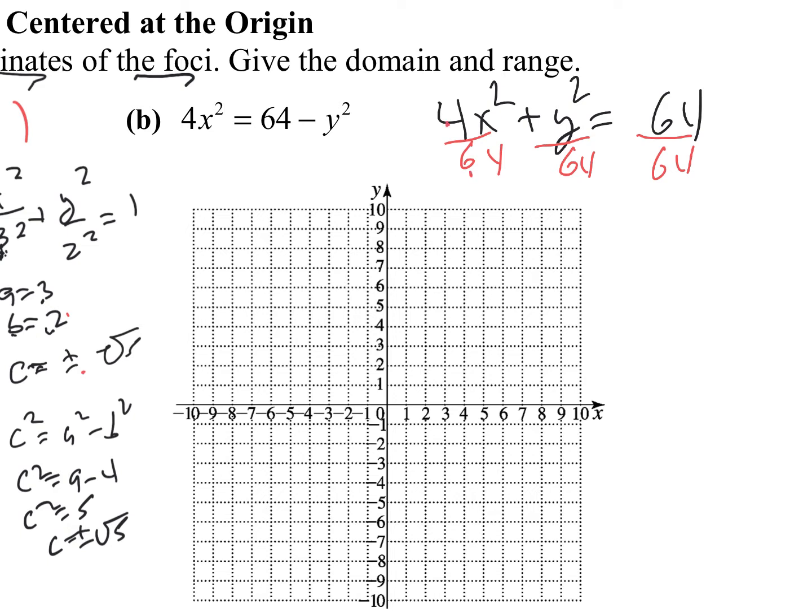You take the 64 divided by the numerator. So how many 4s go into 64? That gives me an x squared over 16, because 16 times 4 is 64. Y squared is still over 64, because 64 divided by the 1 is still 64, equals 1.